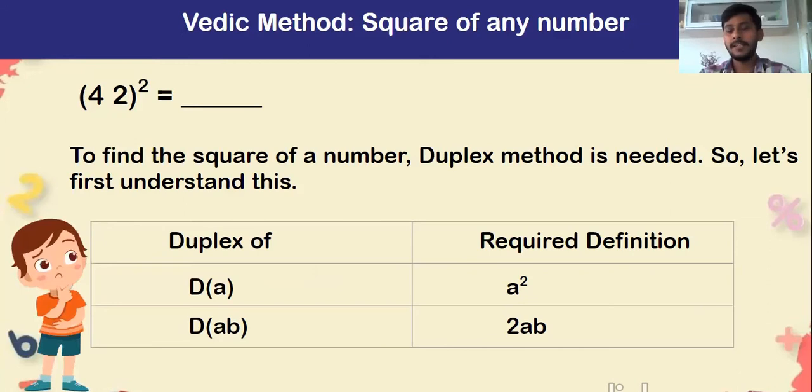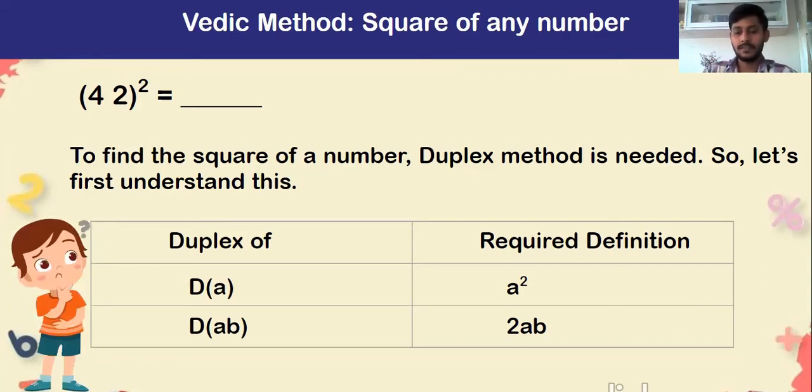For example, here the number is 42, so the value of a is 4, and 4 square is 16. Next, we will find the duplex of ab, that is multiplying a into b and also multiplying it with 2.